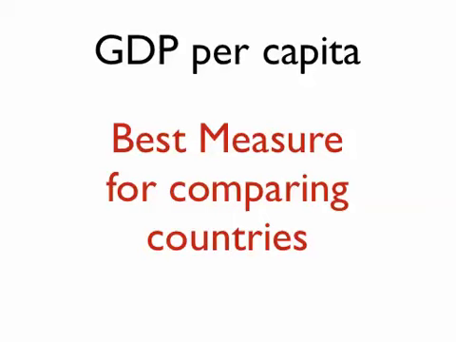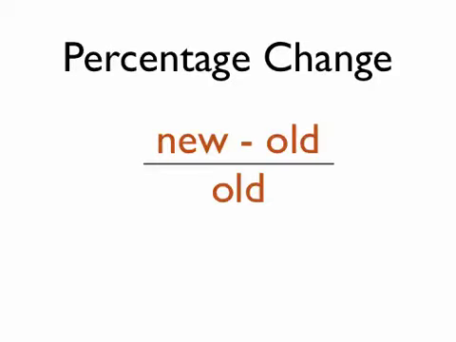GDP per capita, we consider it to be one of the best measures for comparing standard of living between countries. We also want to remember how to do percentage changes. We'll see that a lot this semester. It's simply the new value minus the old value divided by the old value.